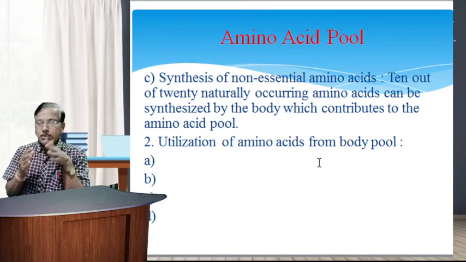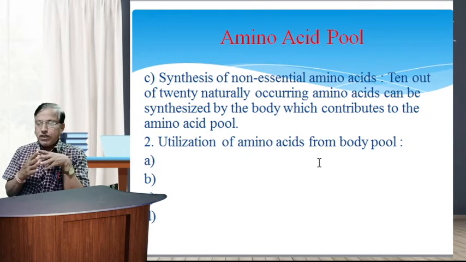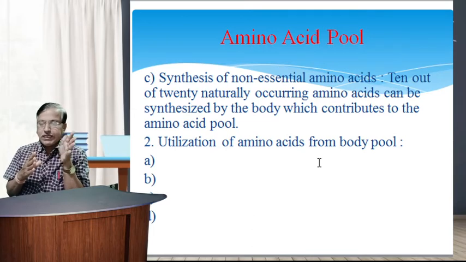The protein consumption in developed countries is much higher than the RDA, the recommended daily allowance. The daily protein intake by adults in most countries is 40 to 100 gram. Protein is digested by proteolytic enzymes to amino acids, which are absorbed in the intestine and enter the body pool of amino acids.